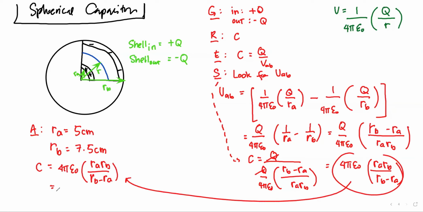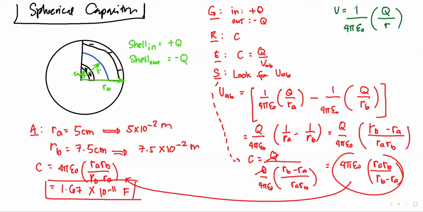Okay, RARB. So that's 5 times, it has to be in meters, so gotta convert it from cm. 5 times 10 to the negative 2 m, 7.5 times 10 to the negative 2 m. Okay, and that's it. That's for a spherical capacitor.